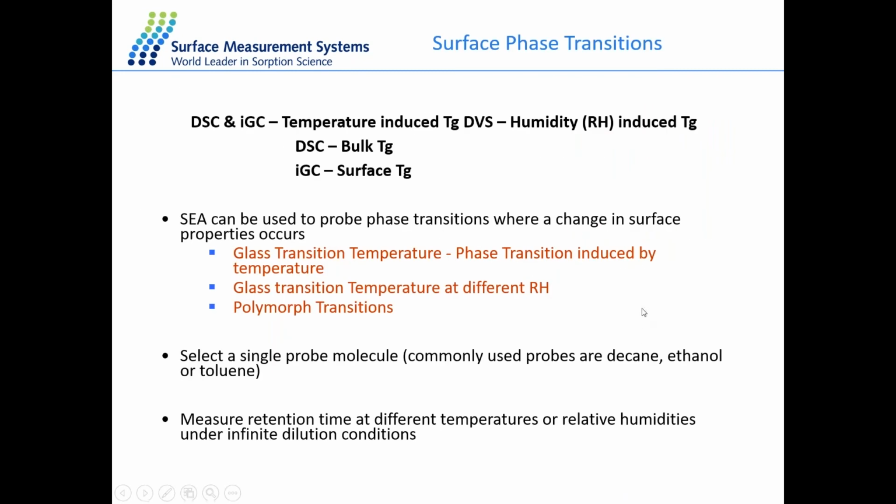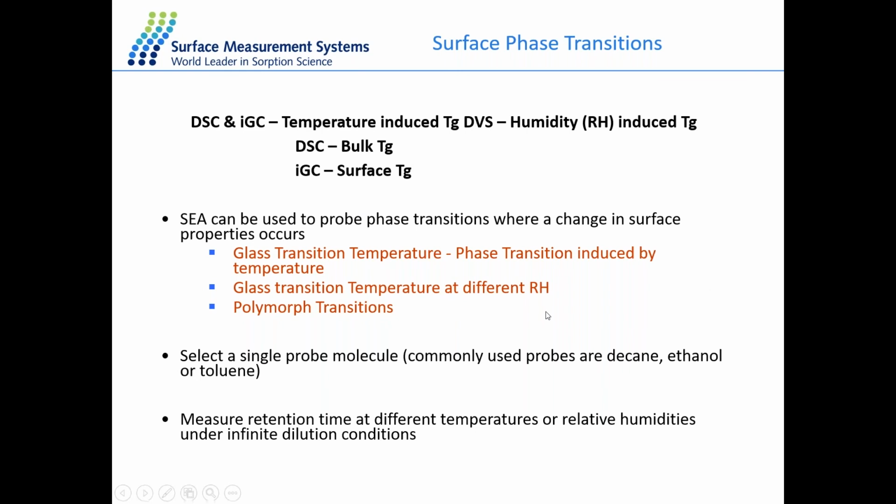In the next example, we're looking at surface phase transitions. In this case, we're looking at temperature-induced phase transitions and understanding the glass transition temperature. We've compared this to the DSC method, which can understand the bulk Tg, compared to our IGC method, which can understand the surface Tg.